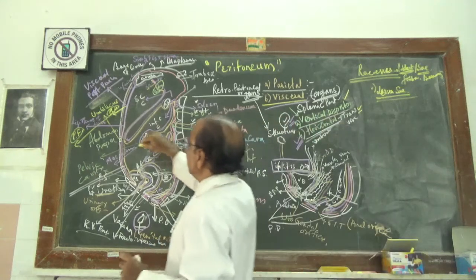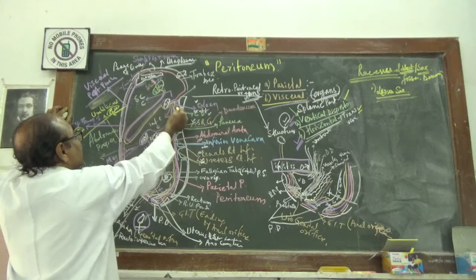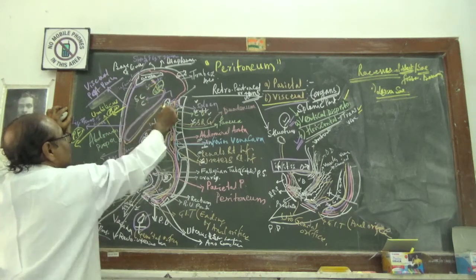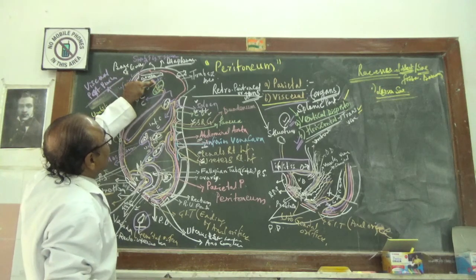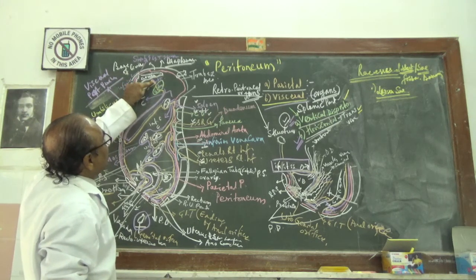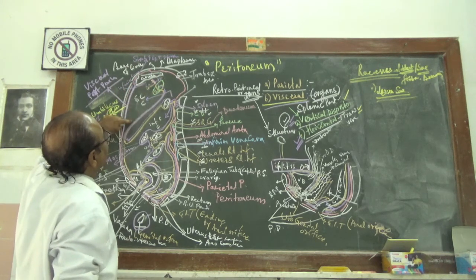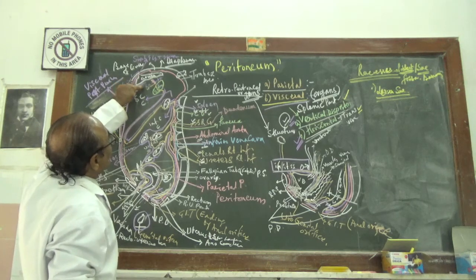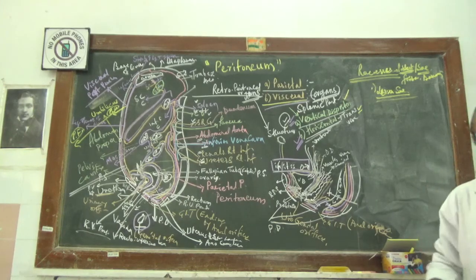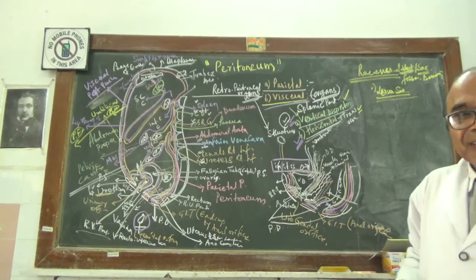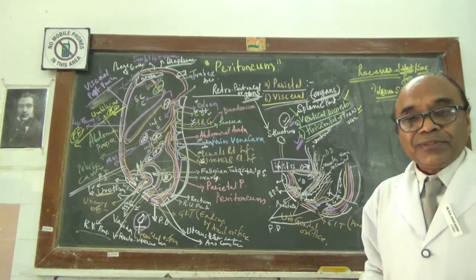Now what is the greater sac? The greater sac is the sac which is present in front of the ventral flap of the lesser omentum, as well as the anterosuperior surface of the stomach, but below and a little behind the under surface of the right dome of the diaphragm, and the inferior surface of the right and partially the left lobe of the liver.